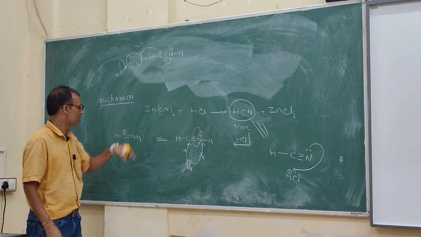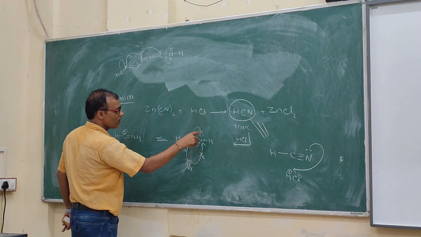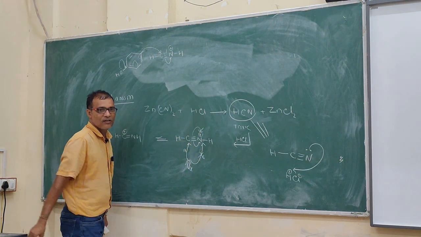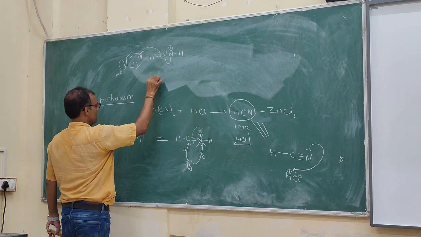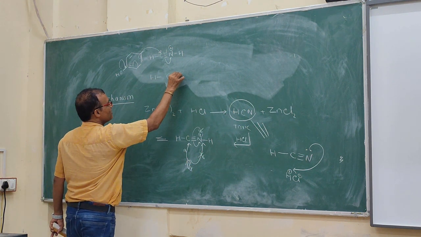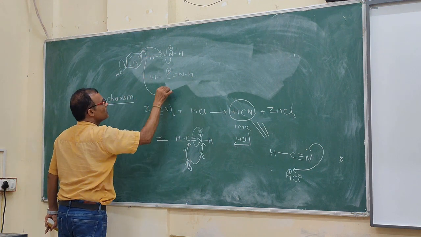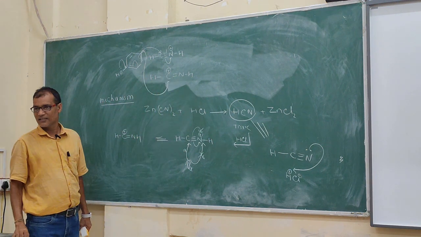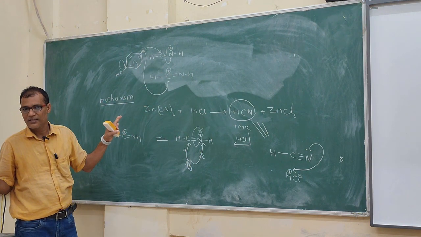Because before that attack, one of the bonds of the triple bond is utilized for neutralizing the plus charge of nitrogen. So directly you can also do the same thing. H, C, N, H, you have plus here, so directly come to here. Same thing. This and this are the same.